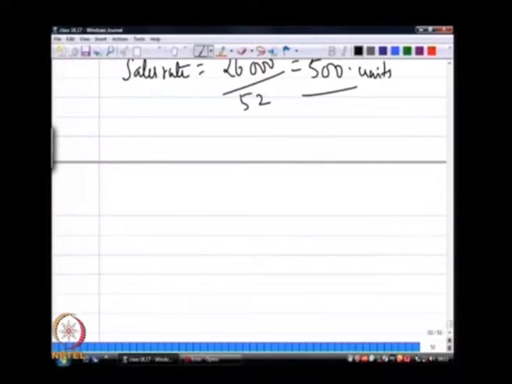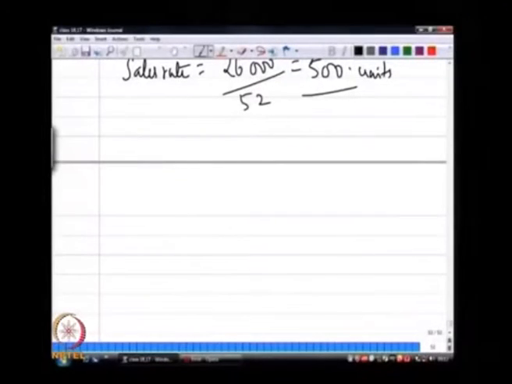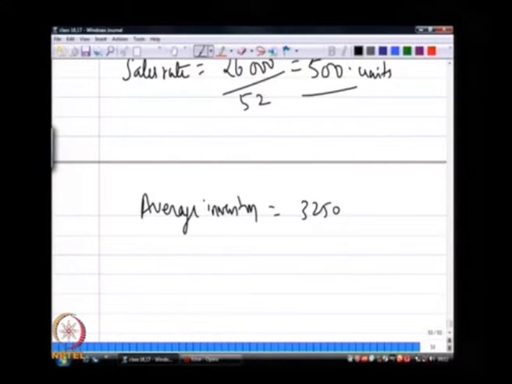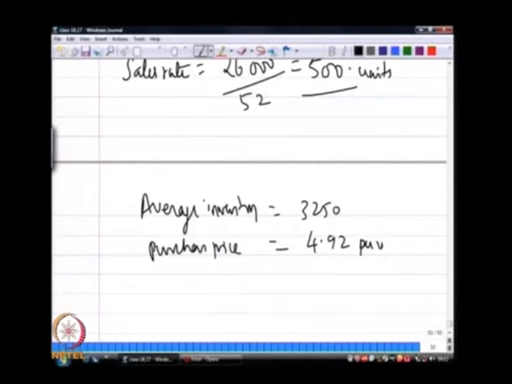Now, we know that the purchase price of inventory is 4.92 per unit, and the average inventory is 3250.